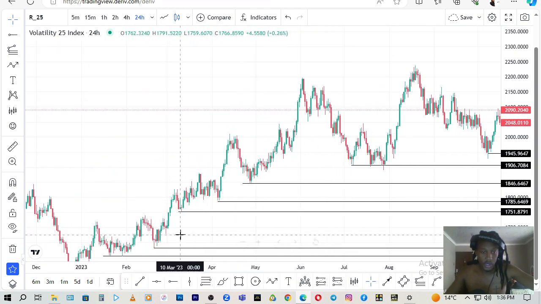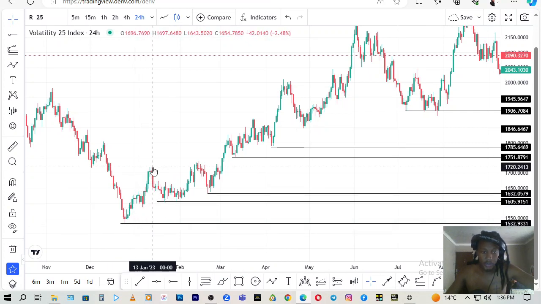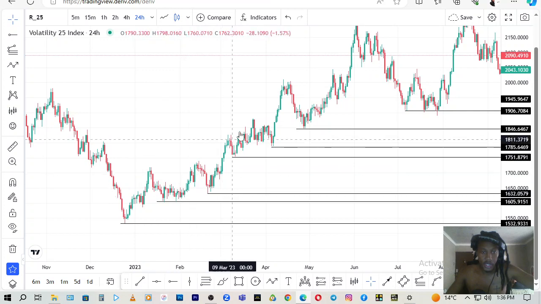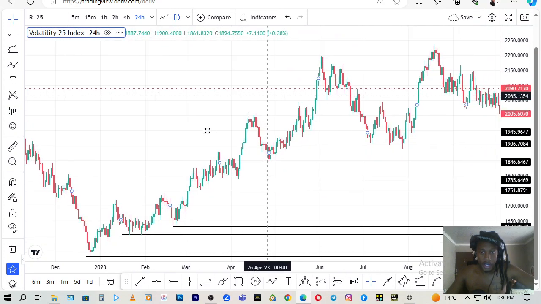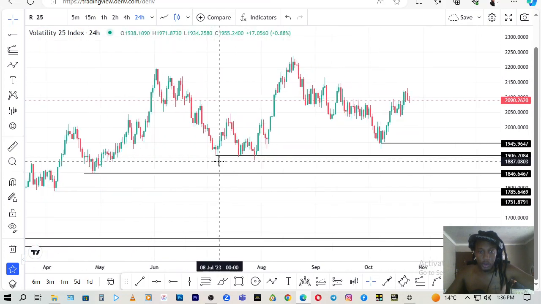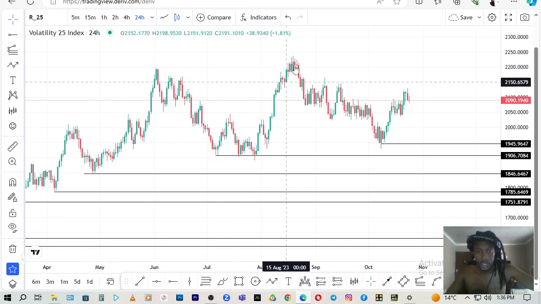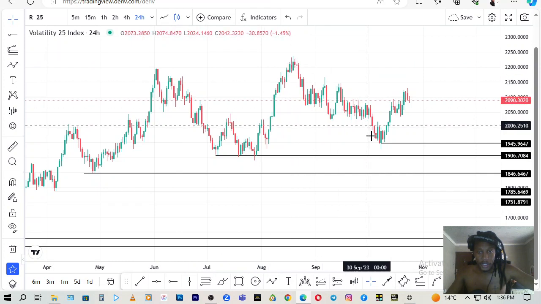This was our impulse, and if you're using Elliott waves, this was our first leg, second, third, fourth, and fifth, right? Then A, B, C. So yeah, this is our lower low, higher low, higher high, higher low.